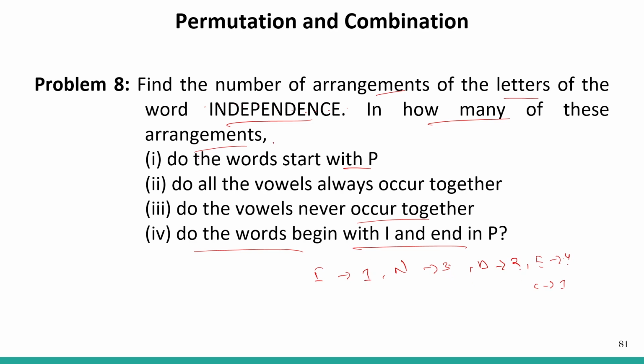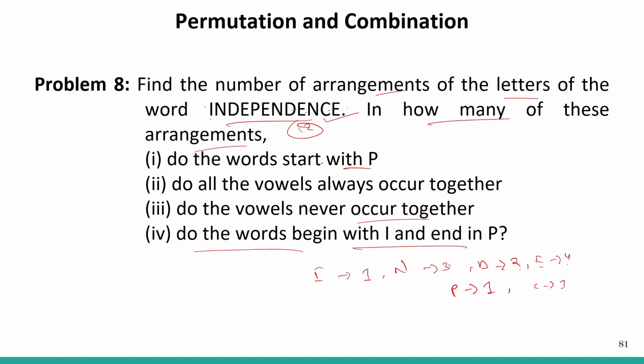But here we have 12 letters. I believe we are missing something. So I is 1, N is 3, and D is twice, and E is 4 times, right? And P is there. Yeah, P is what we are missing. P is occurring once. So basically there are 12 letters.